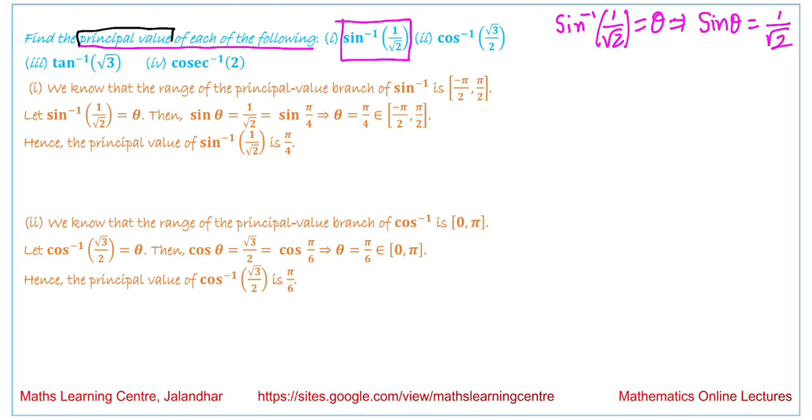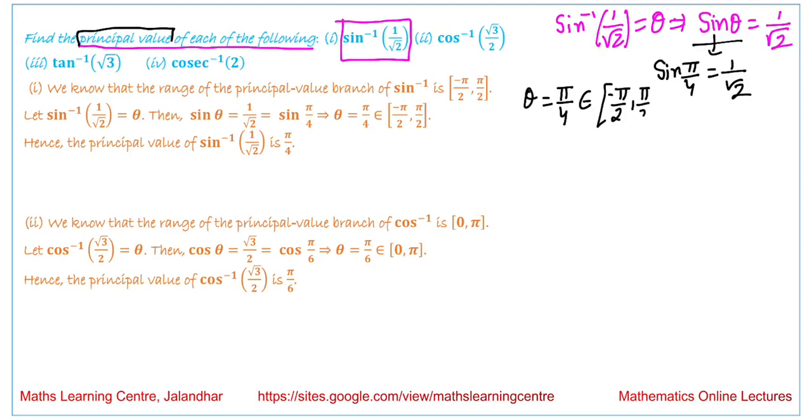We know how to solve this. The answer is that sine of pi by 4 is equal to 1 by square root 2. So theta is equal to pi by 4, which belongs to minus pi by 2 to pi by 2.